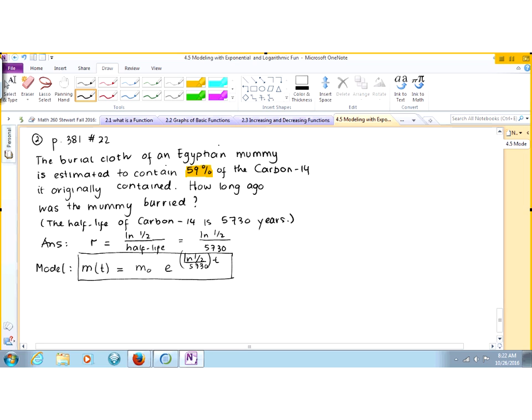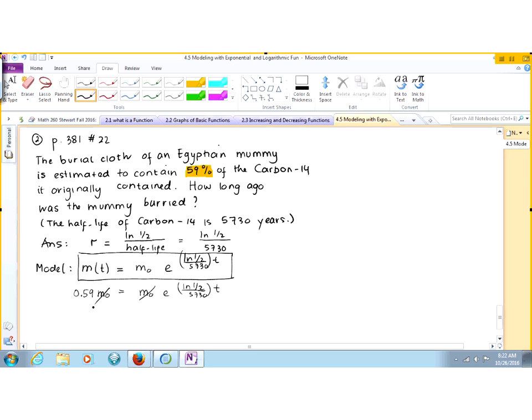So it's 59% of its original. How do I write that? 0.59 times the original, right? All right, so this is 59% of the original, e to the ln half over 5730 t.